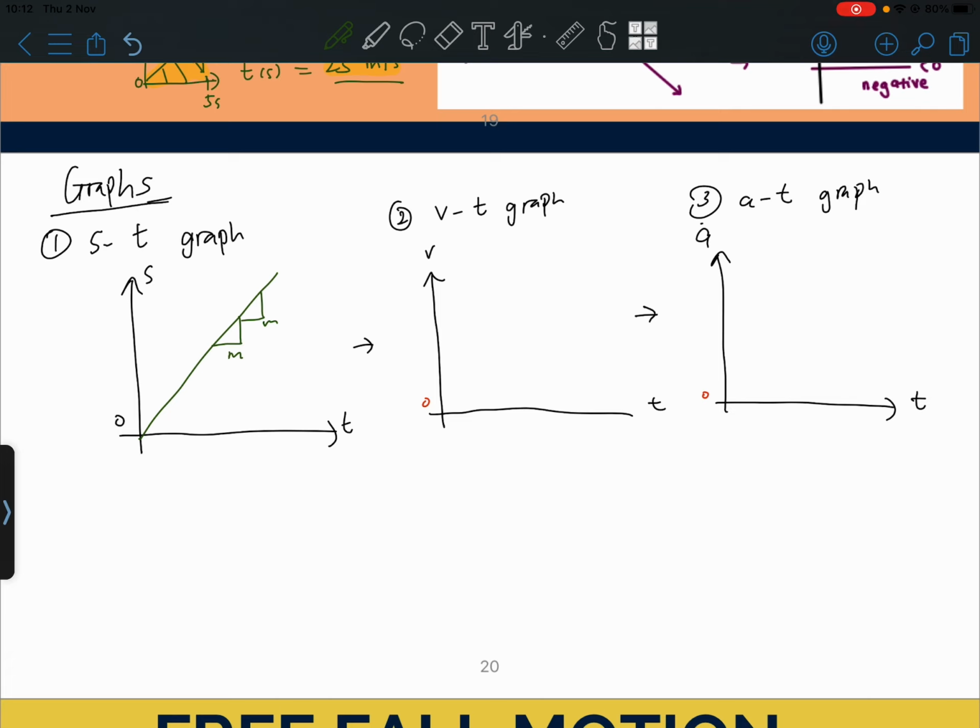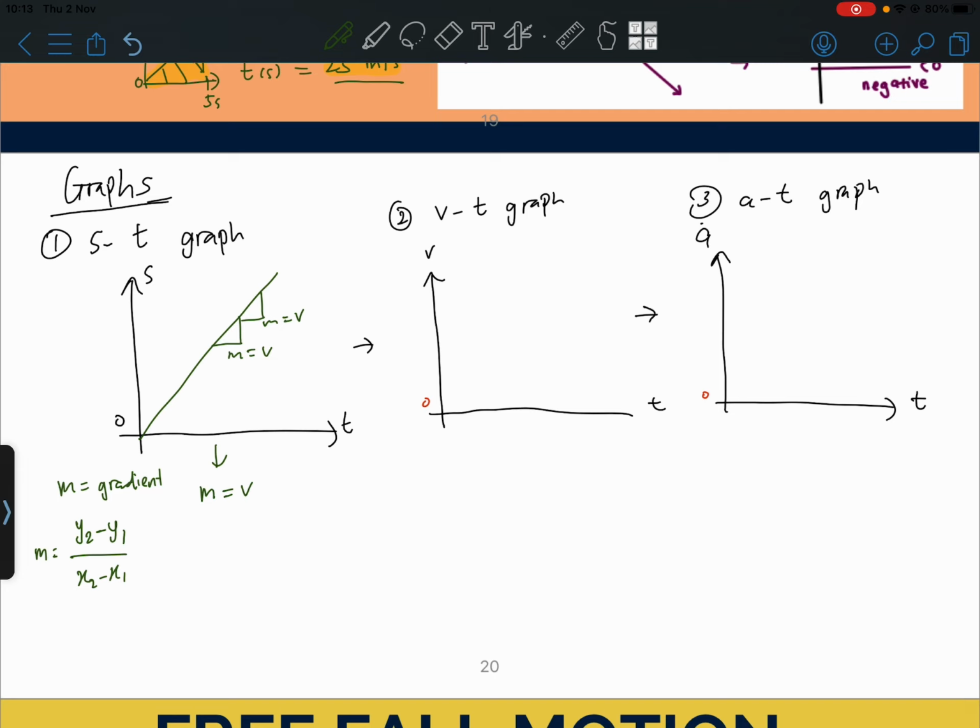The gradient here represents the velocity v. So remember, m is gradient. The formula is y2 minus y1 over x2 minus x1. The gradient for this ST graph is the velocity itself.